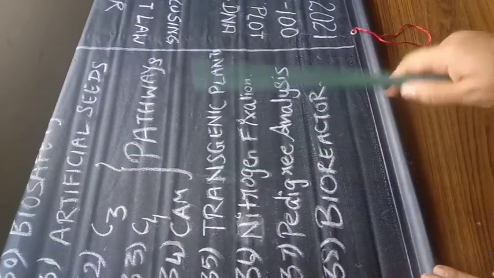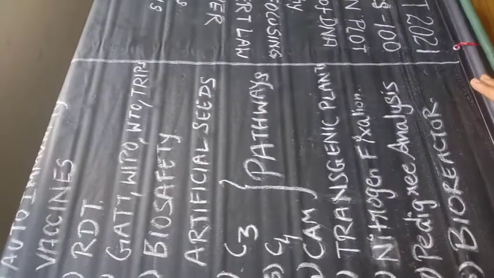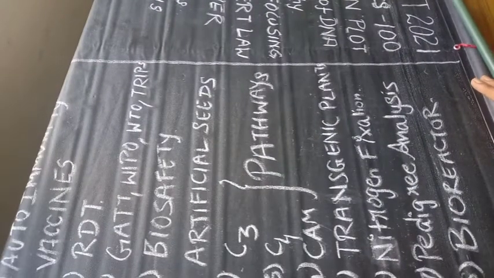Next is transgenic plants. While studying transgenic plants, friends, you should also study this. If you take page number 8 of your syllabus, in 2E you can find herbicide resistant plants: glyphosate, sulfonylurea, phosphinothricin, atrazine; pesticide resistant: Bt toxin, protease inhibitor, GNA and other lectins.